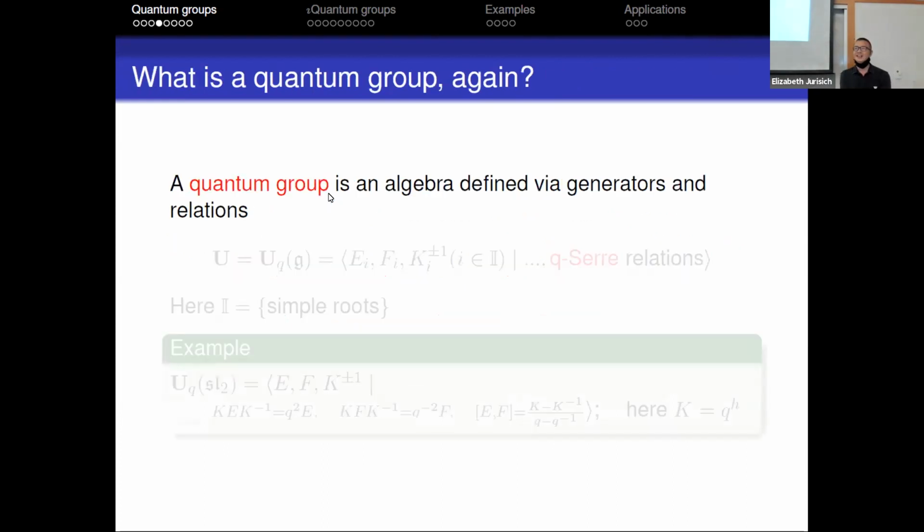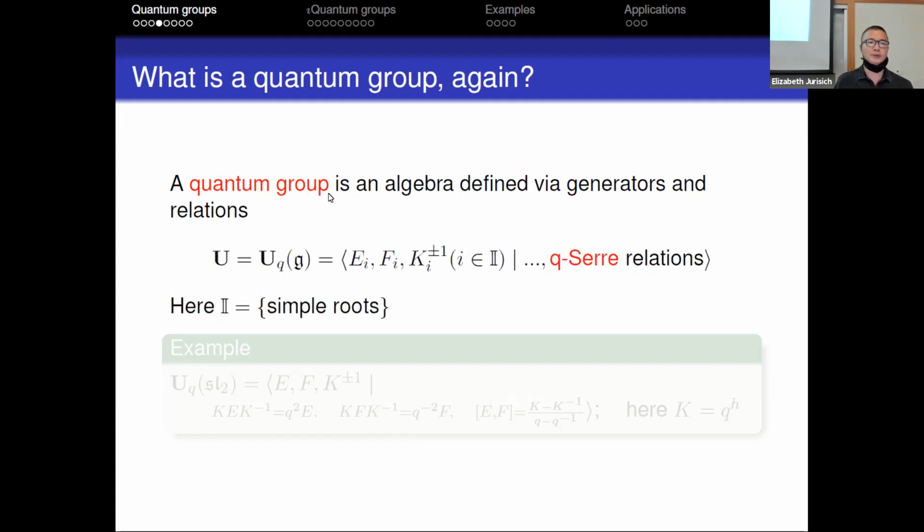Well, let's come back to the quantum group. And the first thing we all know, quantum group is not a group. So it's an algebra defined using generators and relations, generalizing the usual presentation for the semisimple Lie algebra or the corresponding enveloping algebra. The generators are parameterized by the simple roots.